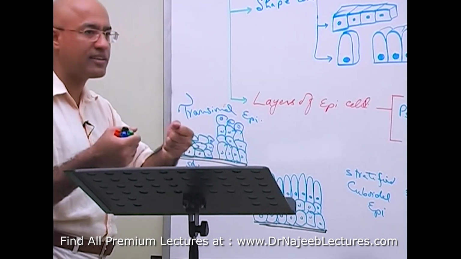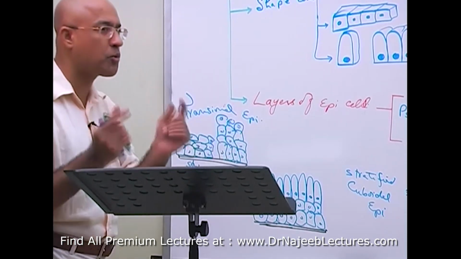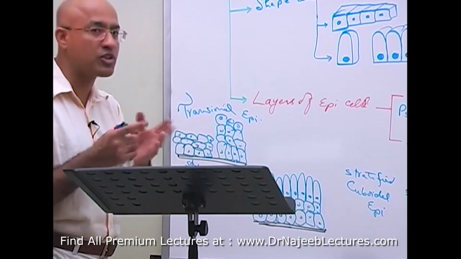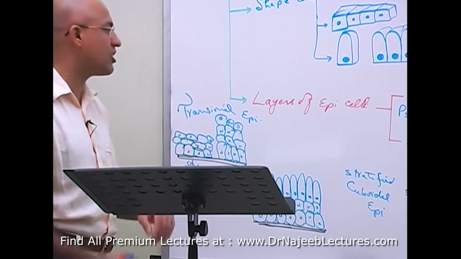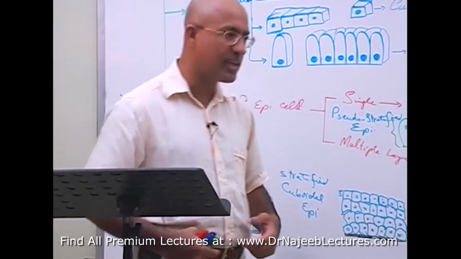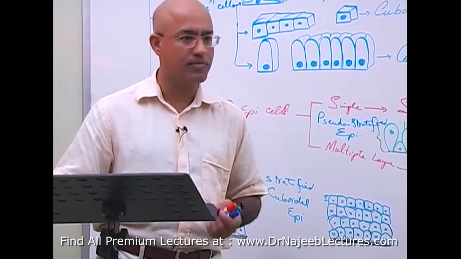When it is not stretched, layers of the cells become relatively more. This kind of epithelium is urine proof. It does not allow the urine to escape from the urinary system and to be reabsorbed in the body. And this is called transitional epithelium, which lines the calyces, ureter and urinary bladder, with the urethra. Any question here? There is no question.